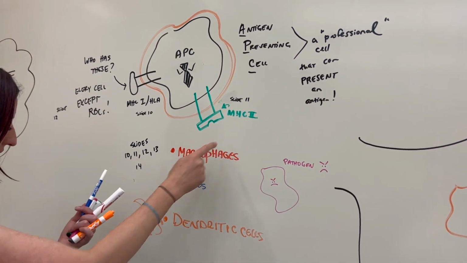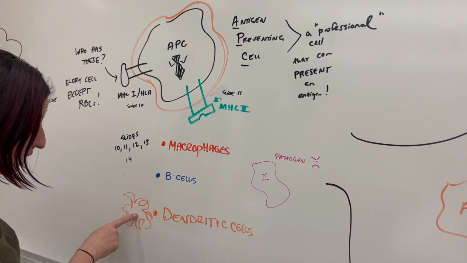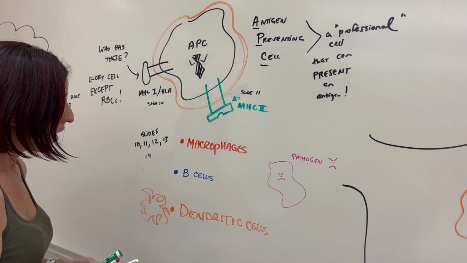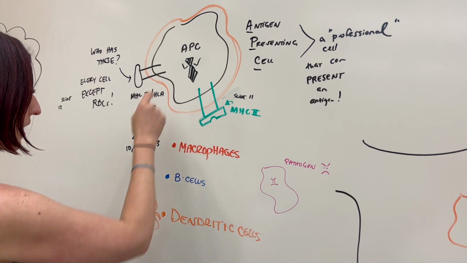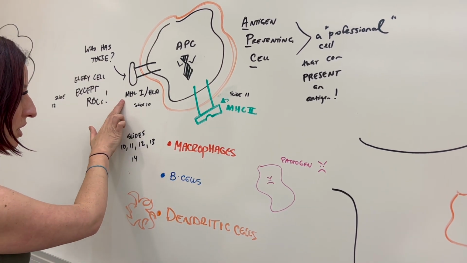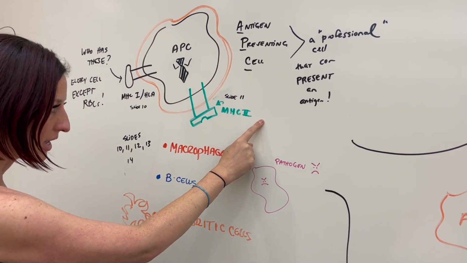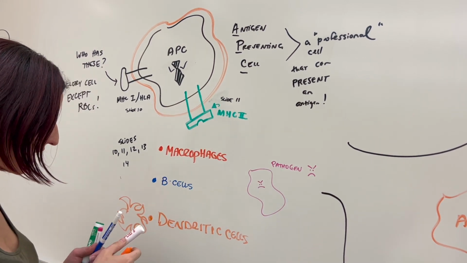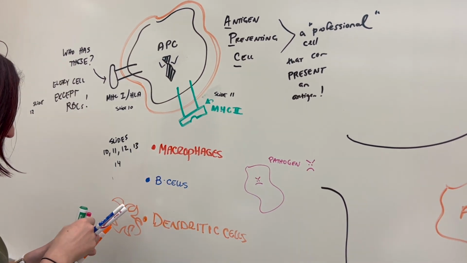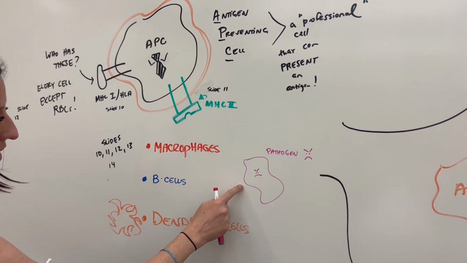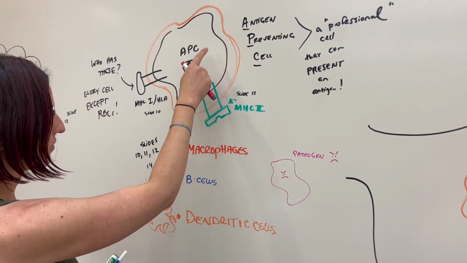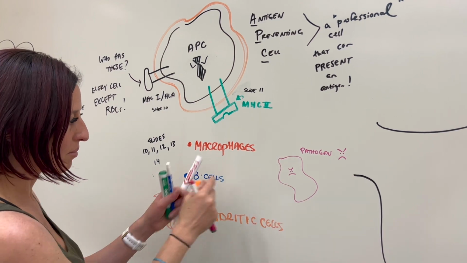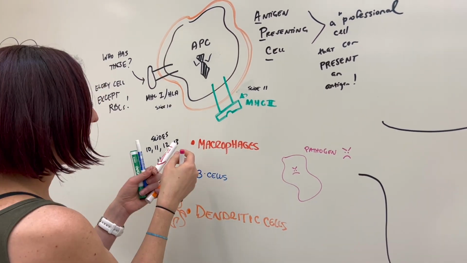And then lastly, for example, with our dendritic cell, we'll say that he's right here. We know that he has MHC1 and HLA. He also has MHC2. And when he goes and there is a pathogen right here, this angry little pathogen, he is going to phagocytose this and eat him up, chew him up, and then process him.